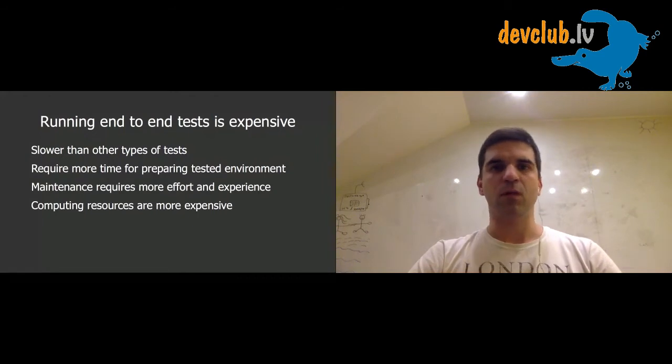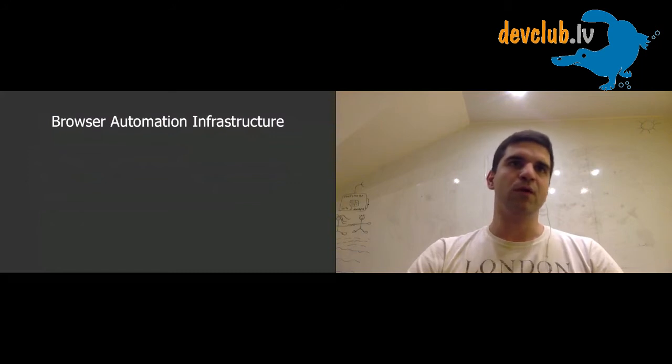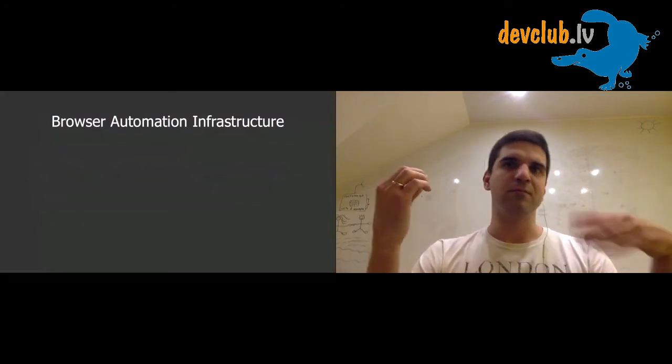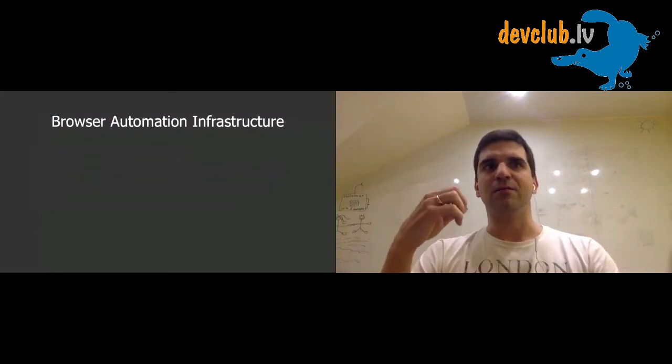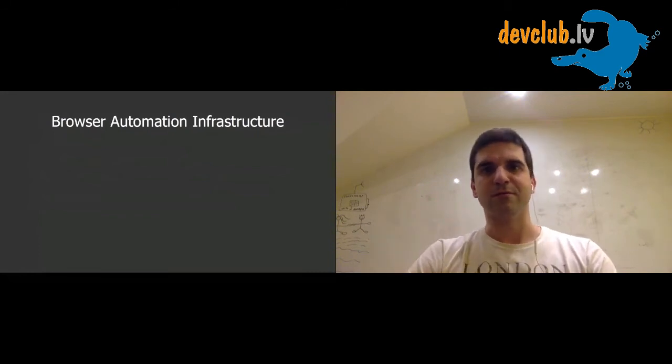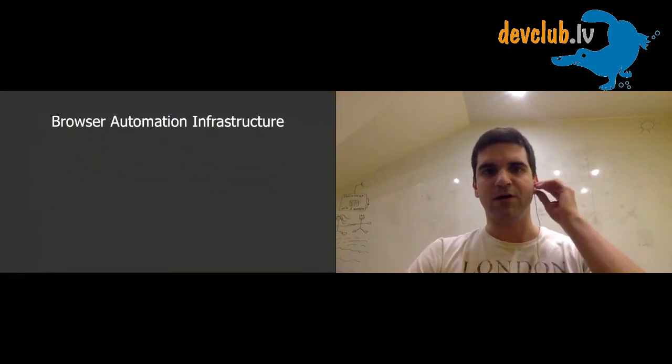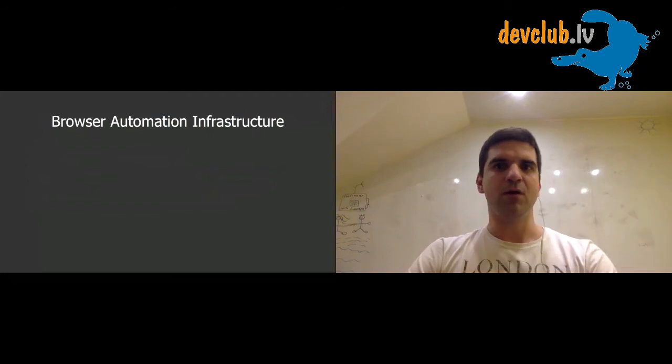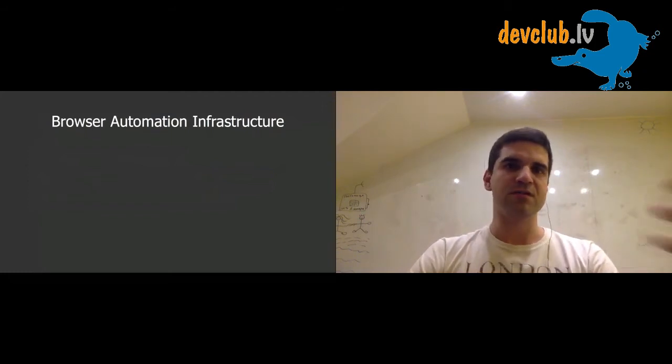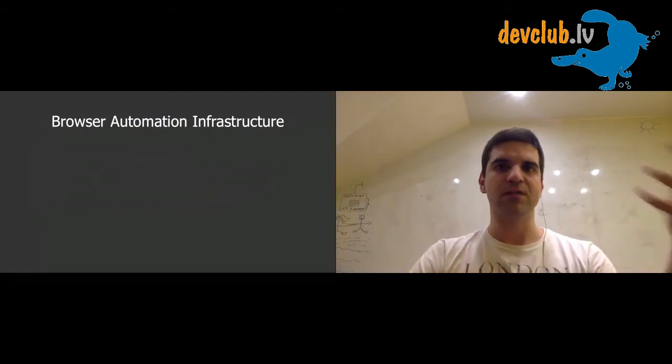For example, one browser running in parallel usually requires 1 CPU and 1 gigabyte of memory. So from one point, we know that end-to-end tests in general and browser tests in particular are very important. But however, we also know that these tests are usually more expensive. They require more resources to run them.